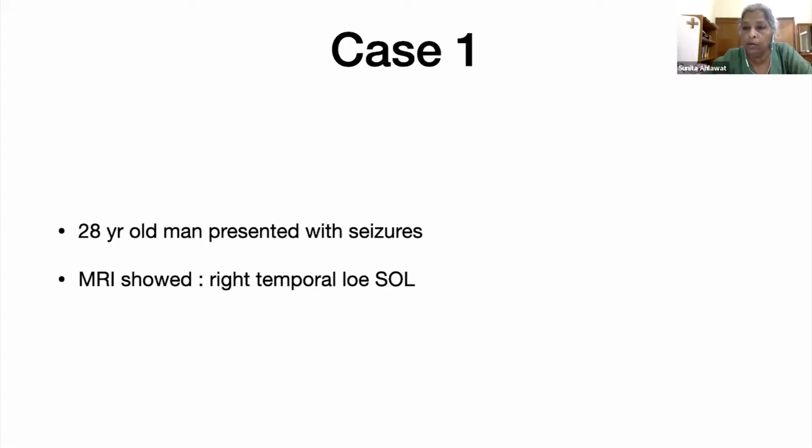I'm just going to show you some unusual cases that we have seen in the last few years, mostly glioneuronal and one or two other tumors. We were really short of time this week.